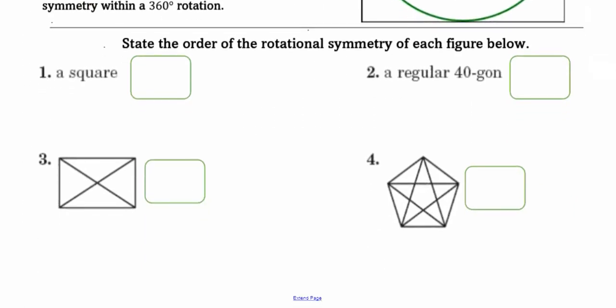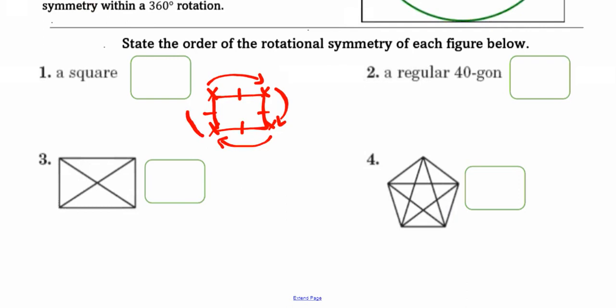All right, so here we're going to try to state the order of rotational symmetry for each figure. So a square is a regular quadrilateral with 4 sides. Each corner could rotate to any other corner. 1, 2, 3, 4. Each of those is 90 degrees, but that's actually not even what we're asked there. We're just asked how many times that can be rotated. Well, that's 1, 2, 3, 4.